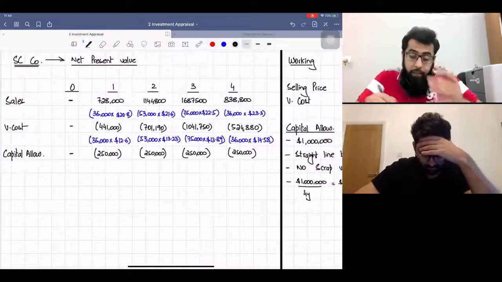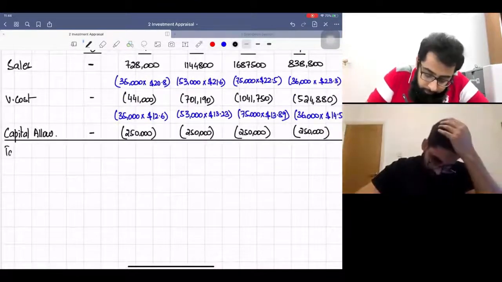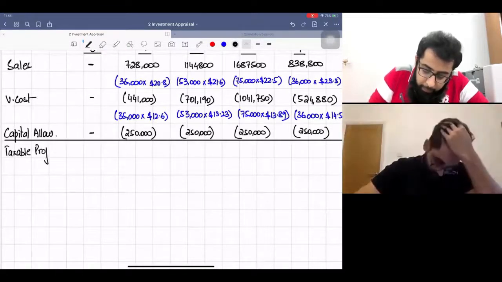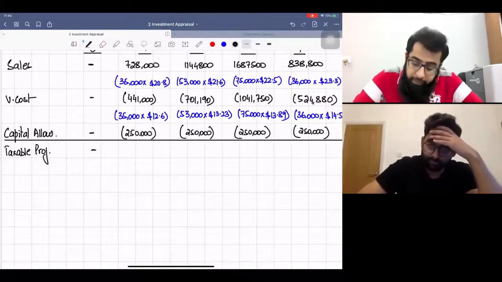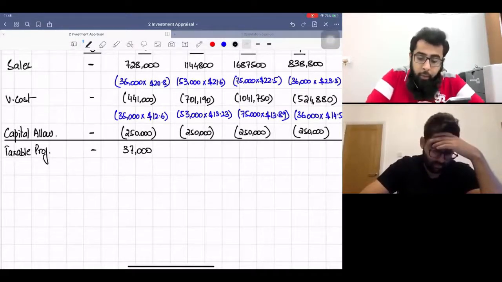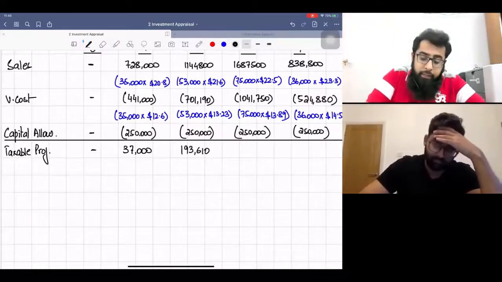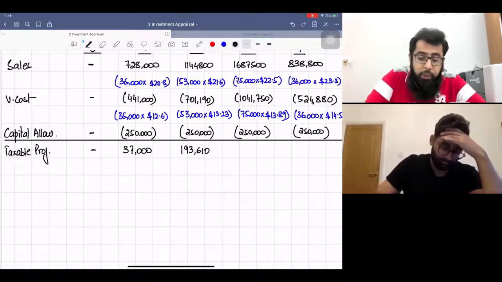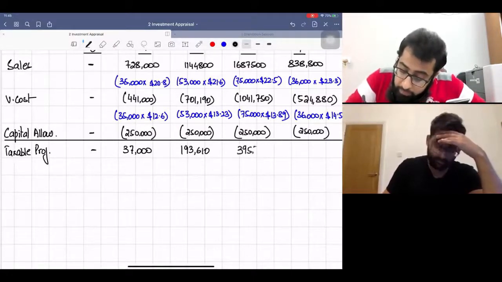Okay. So now I'll get my taxable profits. 728,000 minus 441,000 minus 250,000, so it's 37,000. 1,144,800 minus 701,190 minus 250,000, so 193,610. 1,687,500 minus 1,041,750 minus 250,000, so 395,750.